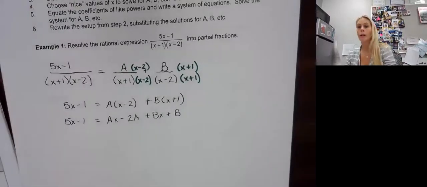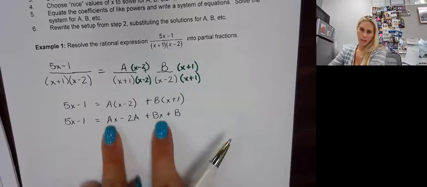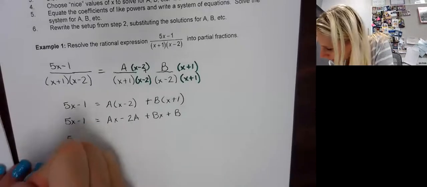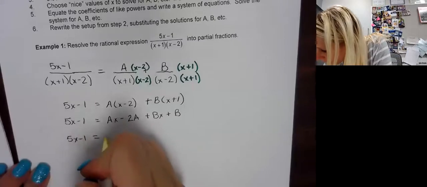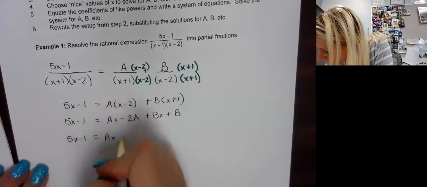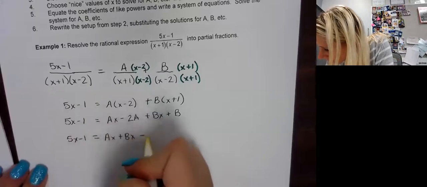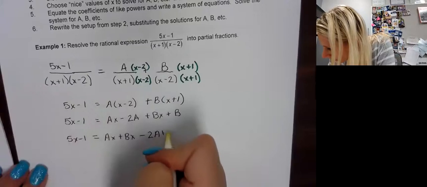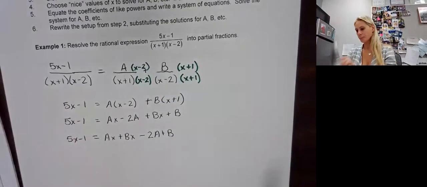What I'm now going to do is put my x's together and my constants together. Okay, there's my x term, there's my constant. So I'm going to put those together. So I end up getting ax plus bx minus 2a plus b.